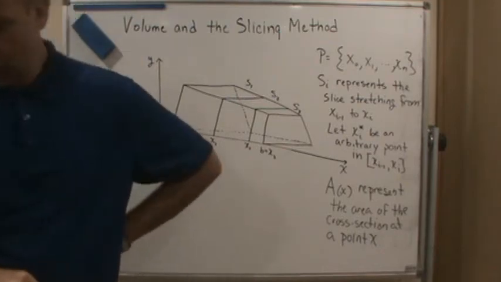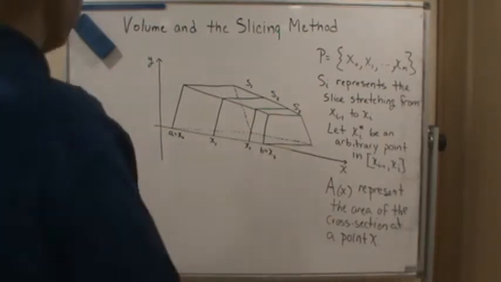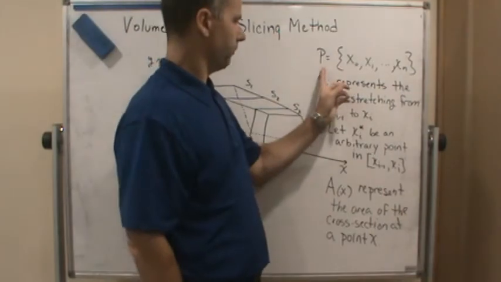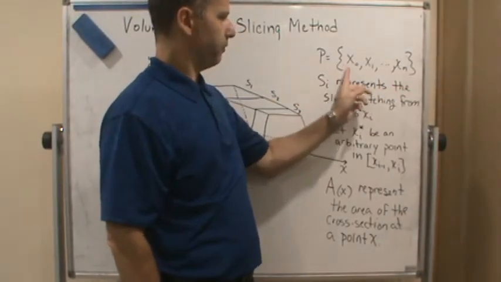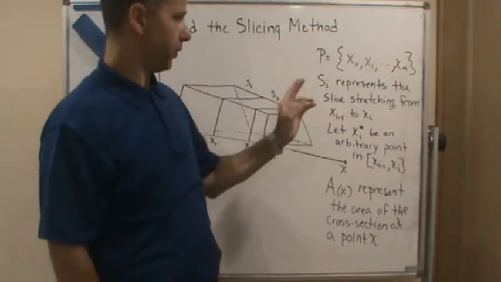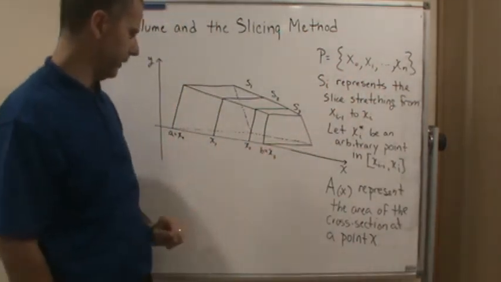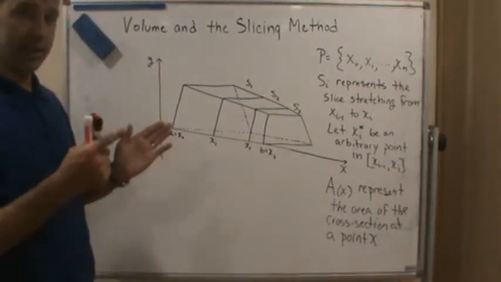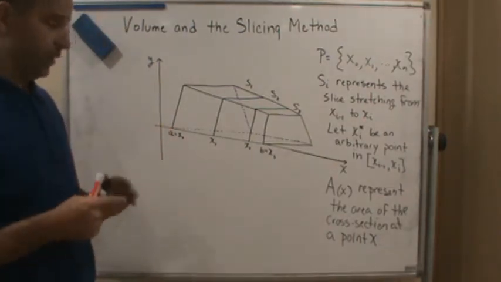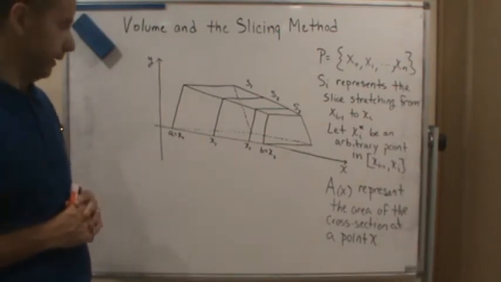Here's the idea behind what we're going to do. We split up the solid, and we're going to partition a set of points from A to B. So here's our closed interval from A to B, and we're going to partition the interval into subintervals, just like we did with the area.